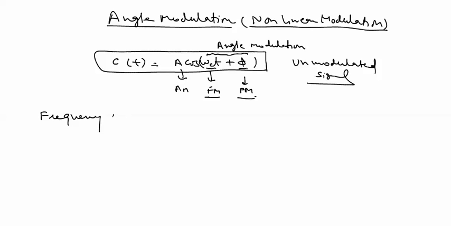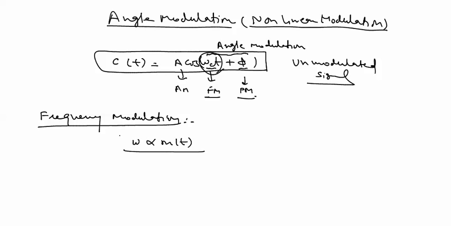Frequency modulation. The idea for frequency modulation is: FM is defined as the process in which the frequency of the carrier varies according to the amplitude of the message signal.